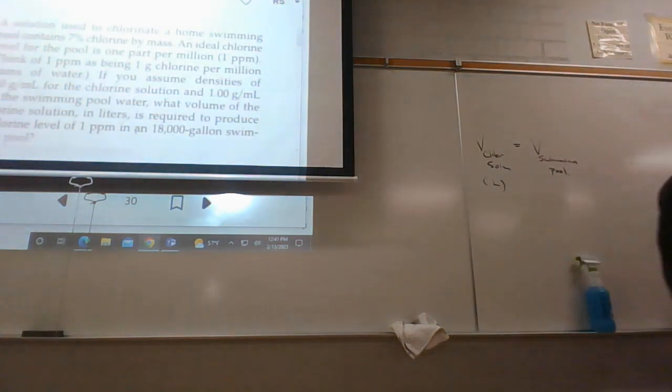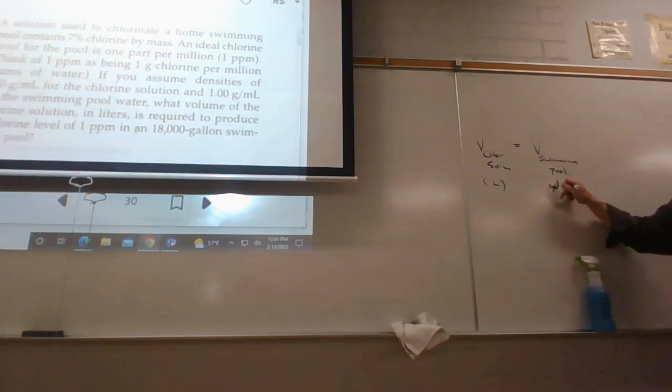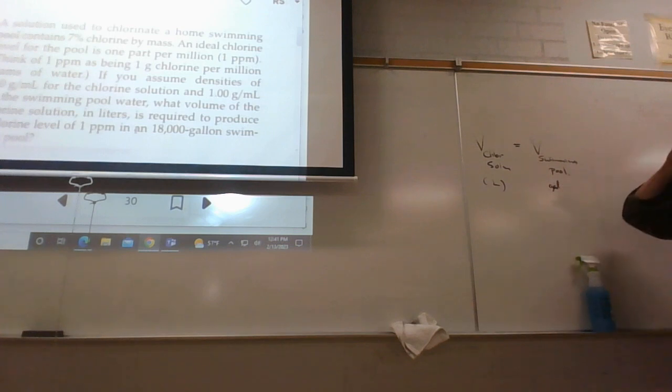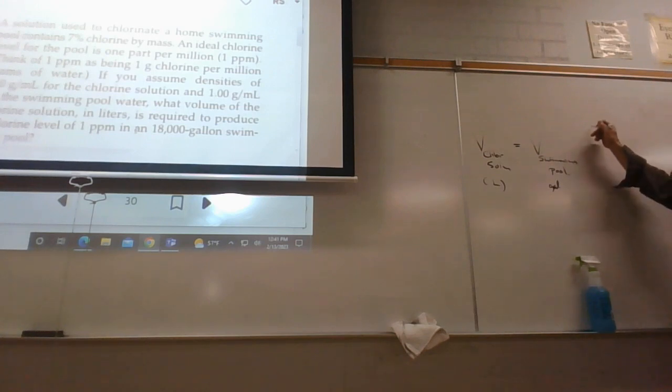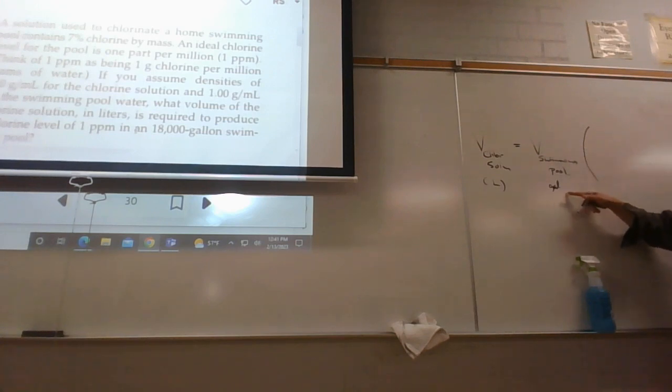We have the volume of the swimming pool in gallons here. Okay, so in dimensional analysis, what we want to do is cancel out gallons, or gallons of pool water.